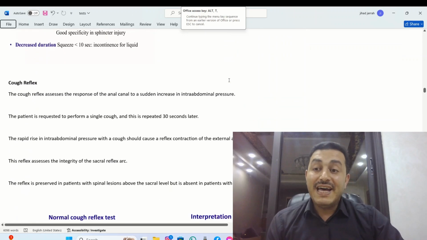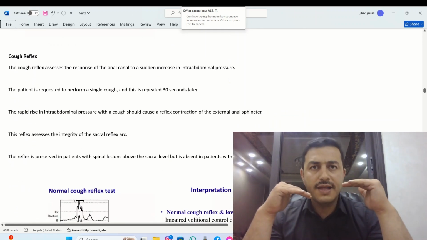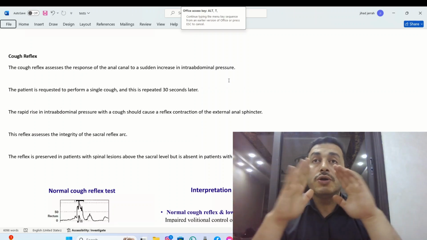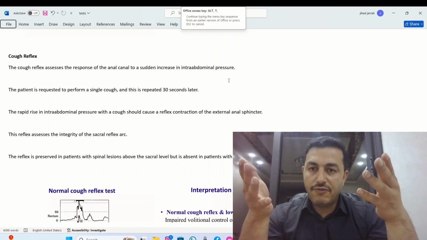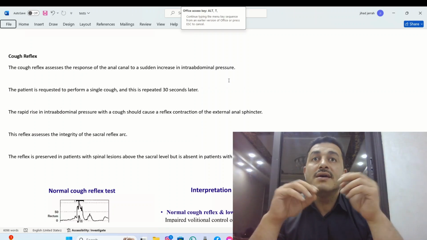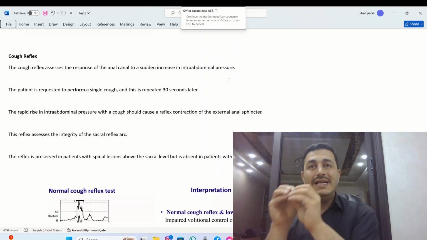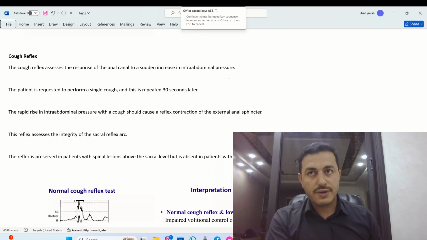Regarding the cough reflexes, after measuring the resting pressure and the squeeze pressure, we ask the patient to cough and to repeat this cough after 30 seconds. The cough leads to a sudden increase in intra-abdominal pressure.